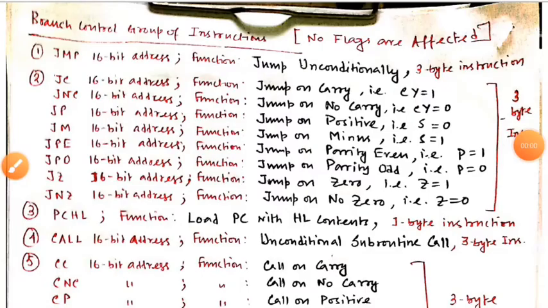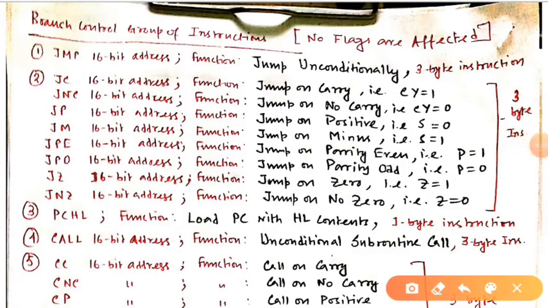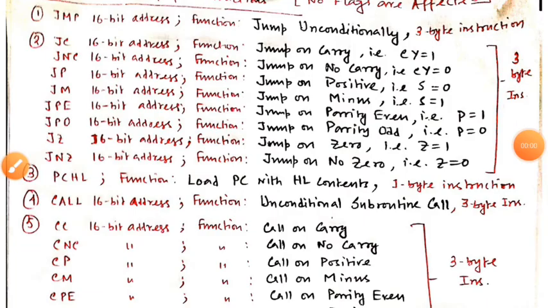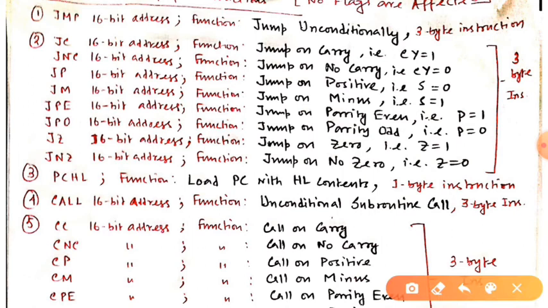Also, we must note that during the execution of these branch control instructions, none of the flags are modified or affected. However, the status of the flag bits is read by the conditional jump instructions to take the jump decisions or branching decisions. So which flags are actually checked by these conditional jump instructions?